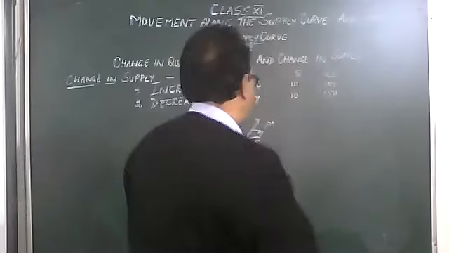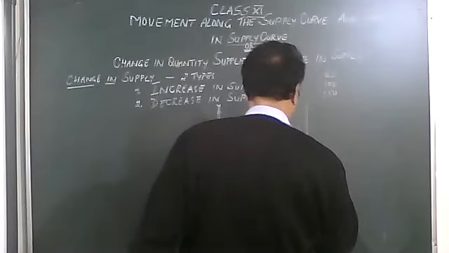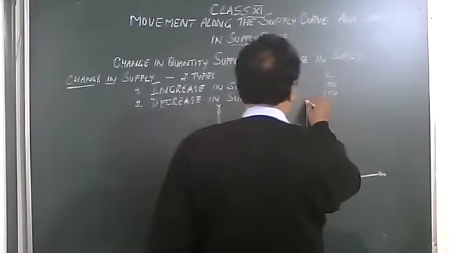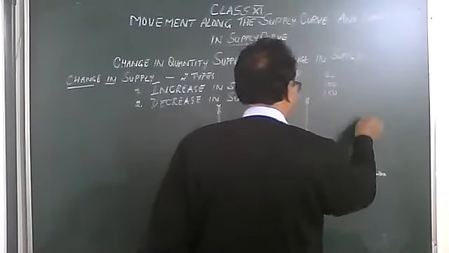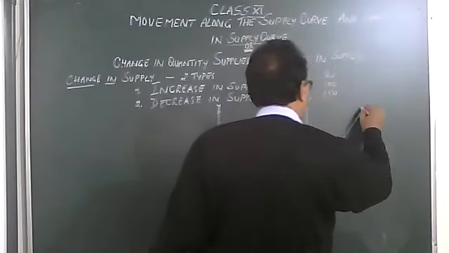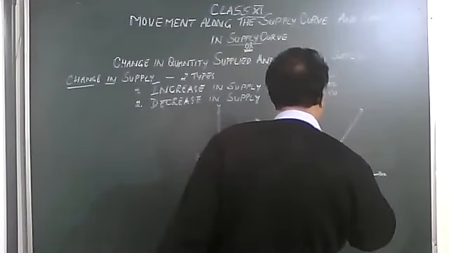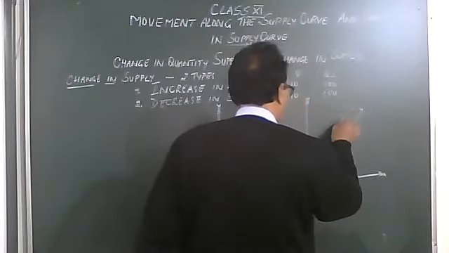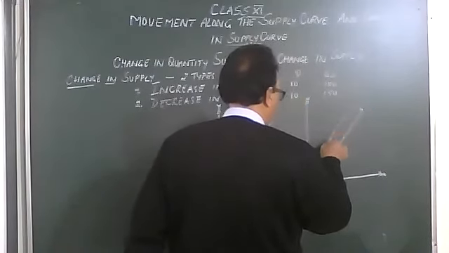And the diagram: your x-axis, your y-axis, your supply curve, the original supply curve, and the new supply curve to the left, S1, which indicates the decrease.